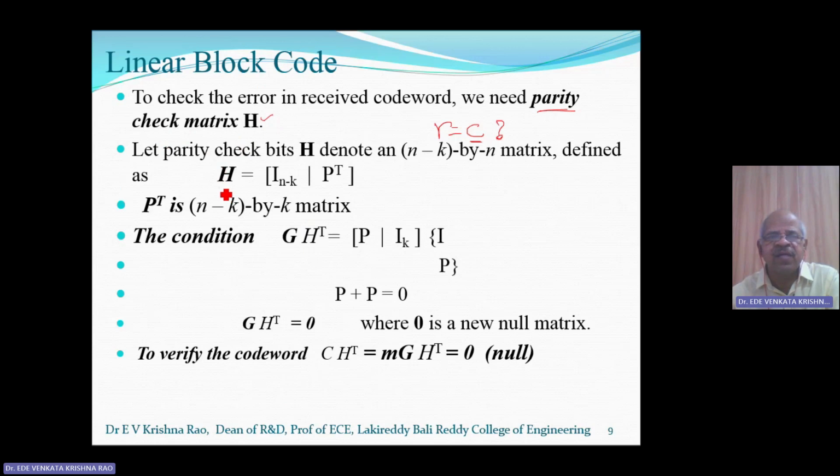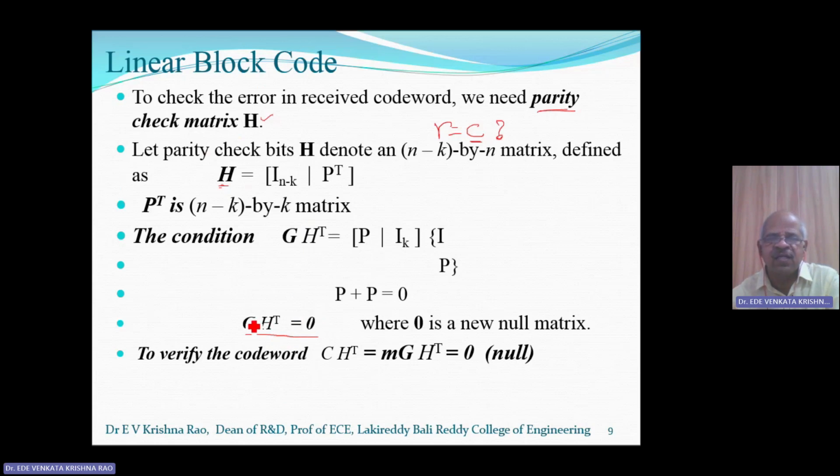What is the relation between H and G, and what parity check matrix do we choose? The relation between the parity check and generator matrix is G H transpose equal to 0, a null.